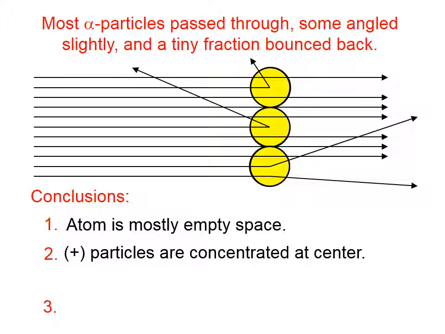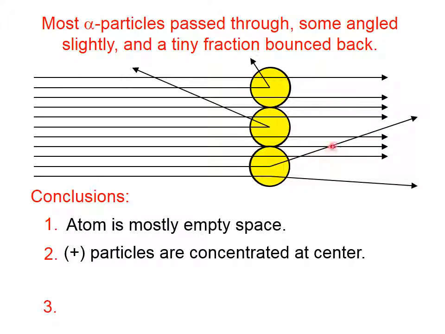Secondly, he concluded that the positive particles that are in an atom must be concentrated at the center. So if we look at this picture, if we look at the alpha particle that's at the bottom of the picture, I'm circling it with my laser pointer here, and it scoots to the right, it is a positively charged alpha particle, and it comes kind of close to the nucleus, but then is repelled because it is positive and the nucleus is positive, and so it veers from a straight line course.